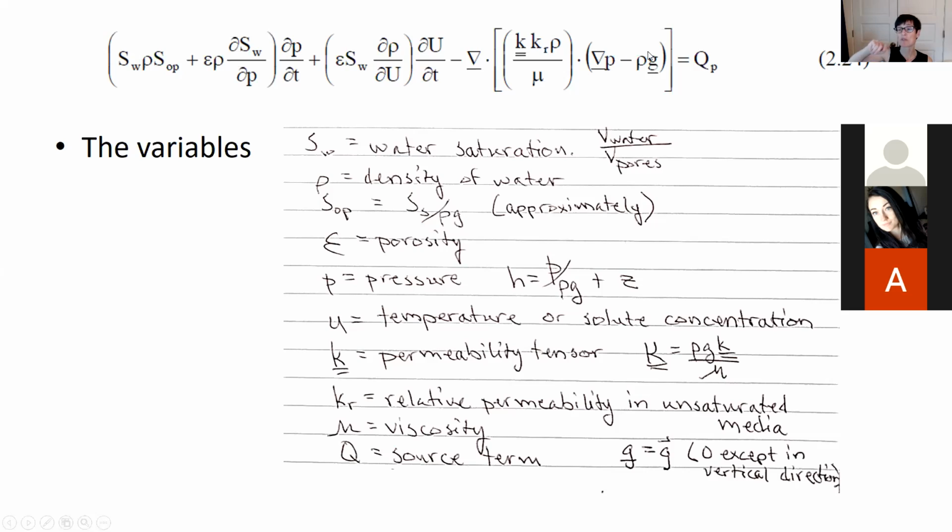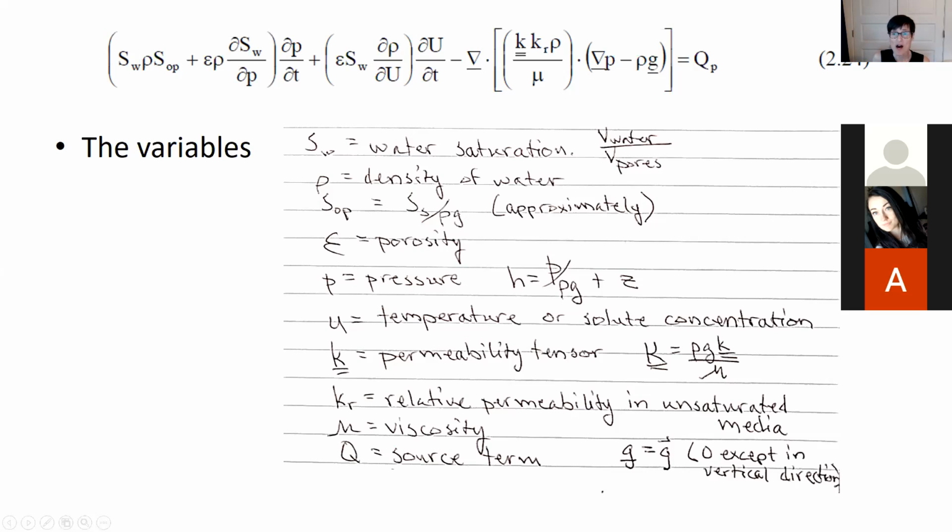Because gravity only points one way. It points down and we want our vector to point up, which is why this is negative. But there's no gravity in the horizontal direction, so this term goes away in the horizontal directions. It's not satisfying, but that's how people write this when they write the groundwater flow equation in terms of pressure.